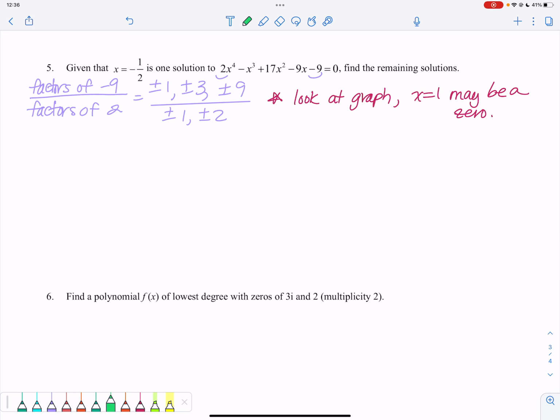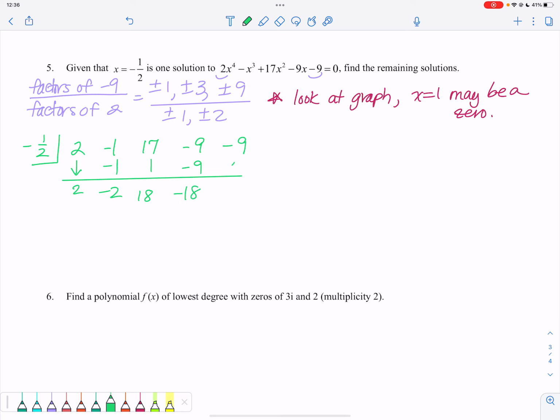But let's go ahead and put negative 1/2 and divide this synthetically. 2, negative 1, 17, negative 9, and negative 9. And we have that remainder of 0.